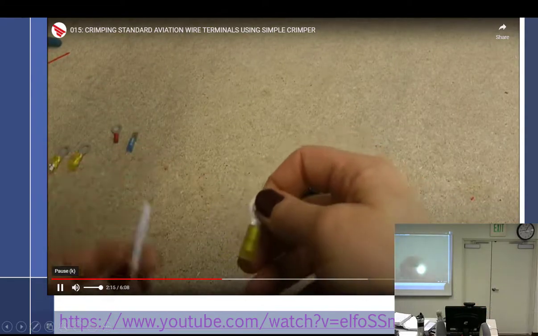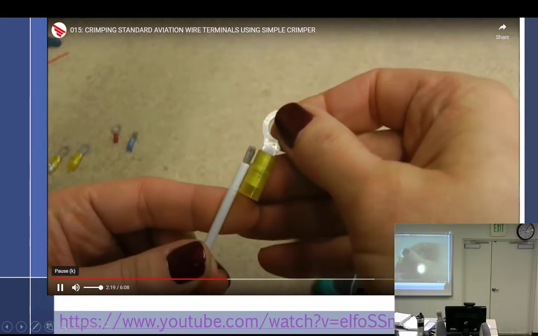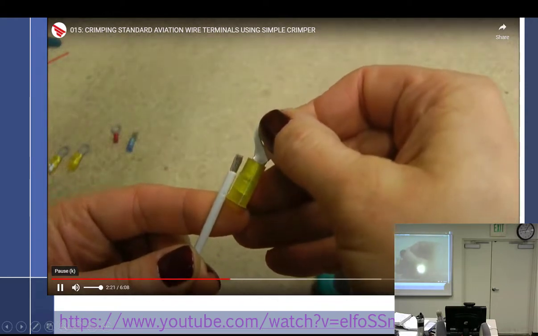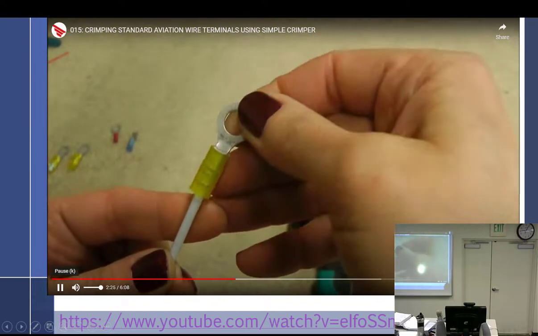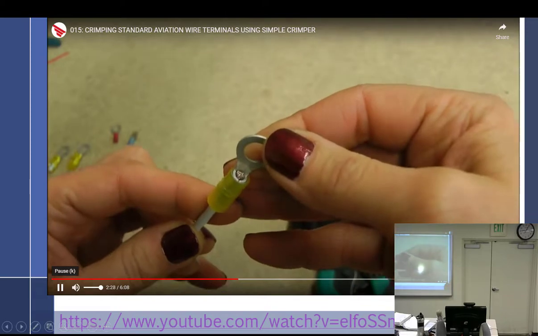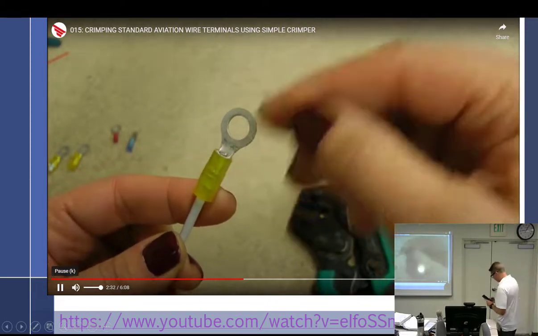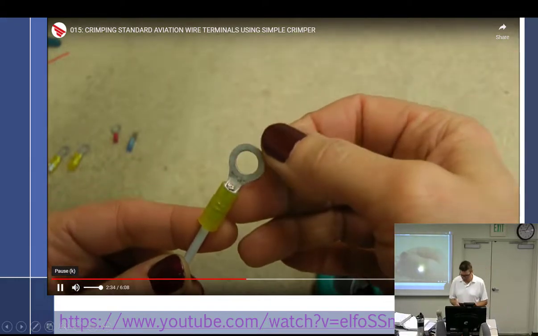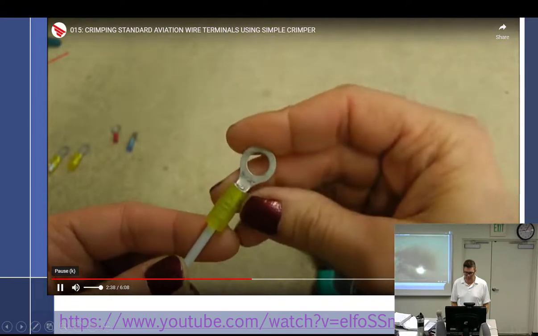With the yellow, I've got a 10 gauge wire. I've got it stripped back just enough so when you put the wire in the barrel, it will just protrude out the end. Not too much. You don't want it sticking out into the terminal end here. You're going to be putting a bolt and a nut or whatever. You don't want it in the way.